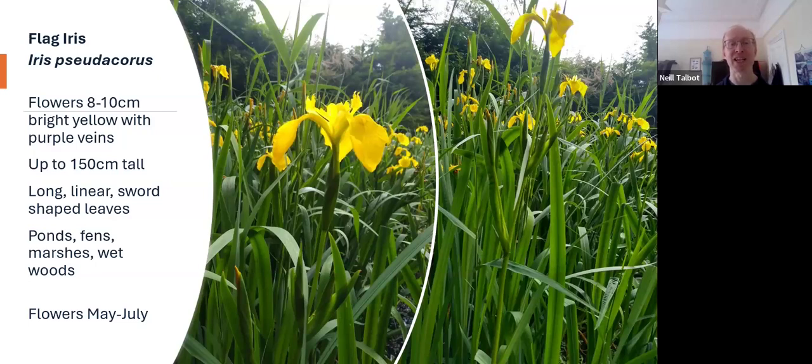They're 8 to 10 centimeters across, bright yellow with quite distinctive purple veins. If you look more closely, you'll see the purple veins, and those are flowering now. There's quite a lot flowering in our local pond, and they seem to support quite a lot of insect life as well. As well as in ponds, you'll find these in wet woodlands, marshes, fens and so on, and they should be flowering into June, July.